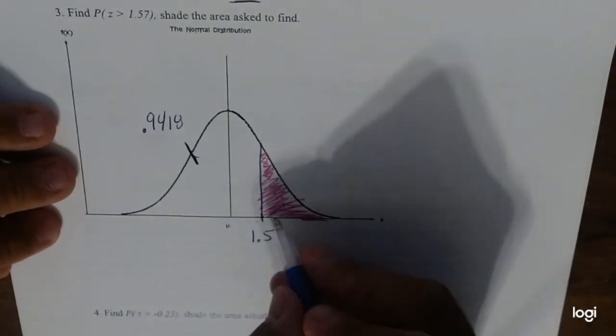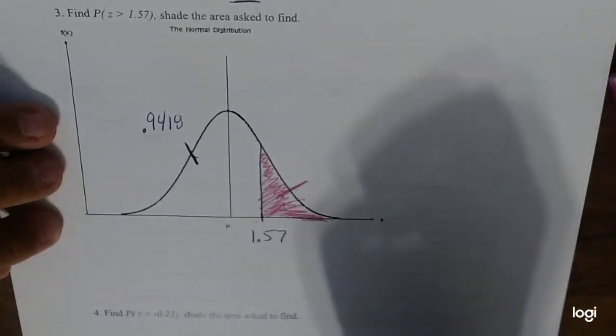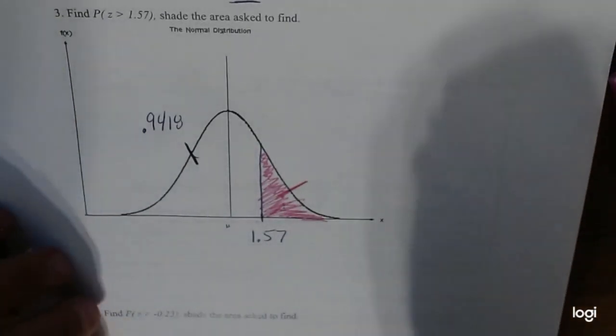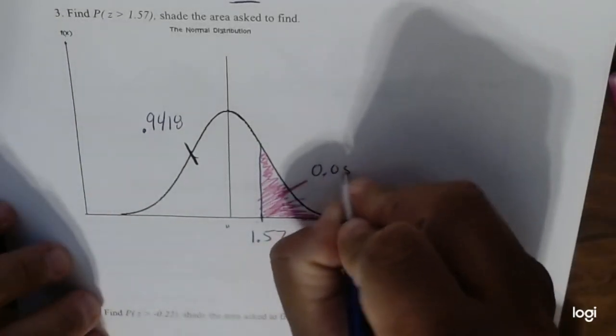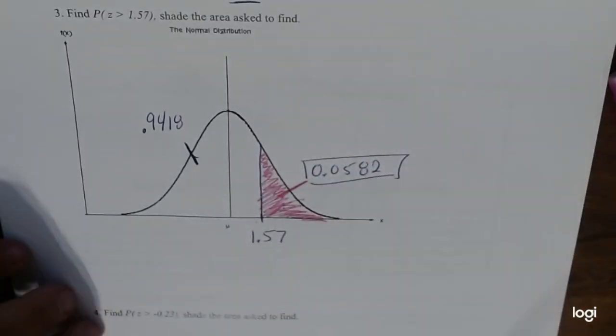I wanted everything to the right of it. So therefore, I have to do what we did in the last one: 1 minus that particular value. So 1 minus 0.9418 gives you 0.0582. And this is what we're looking for. That is my true answer there.